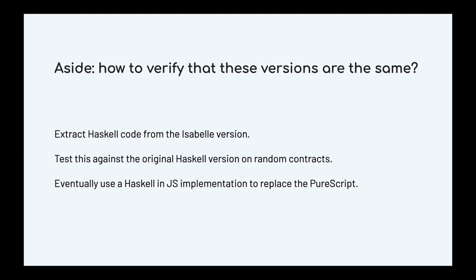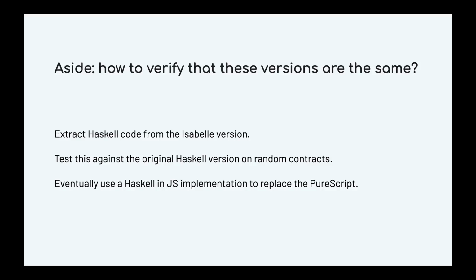So building the language in Haskell has given us these consequences that though we use various different versions of the semantics, we can get a high level of assurance that these are the same. And indeed, we can, in some situations, replace things like the JavaScript by the PureScript by JavaScript.